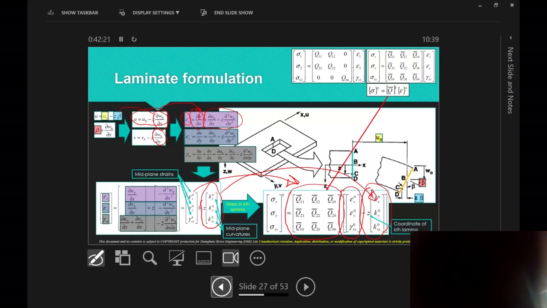So if you look at the cross section, so let's say how many plies you have, 1, 2, 3, 4. That's the midplane, right? Then if you want to find stress here, that's the Z of that. If you want to find stress here through the thickness, that's the Z of that. So on and so forth. Okay? Again, we'll solve the problem, and I'm pretty certain you'll get the hang of it later, after some practice.